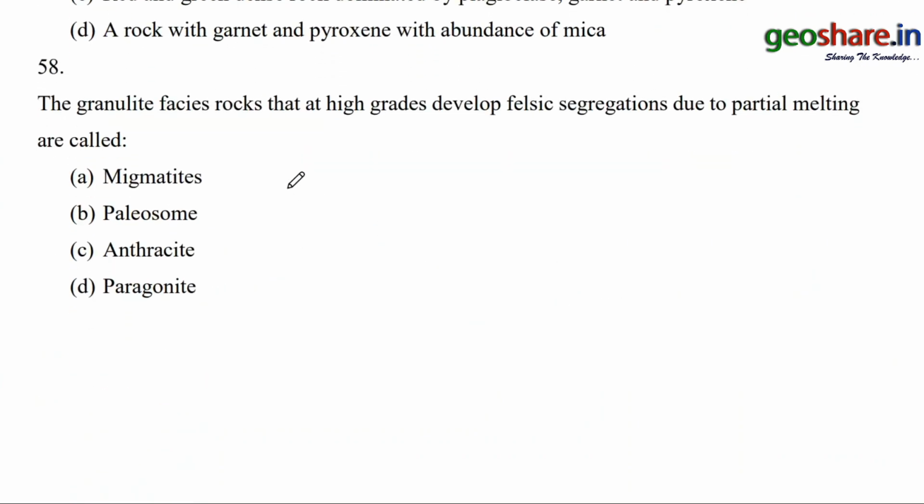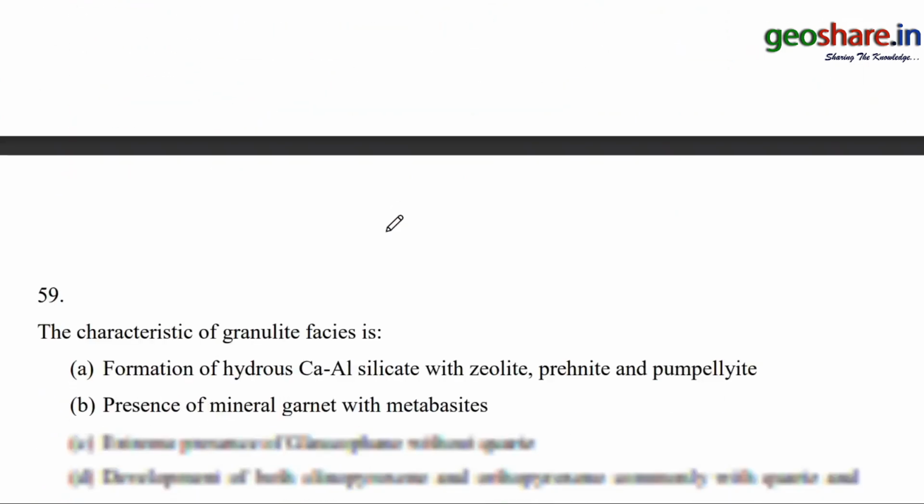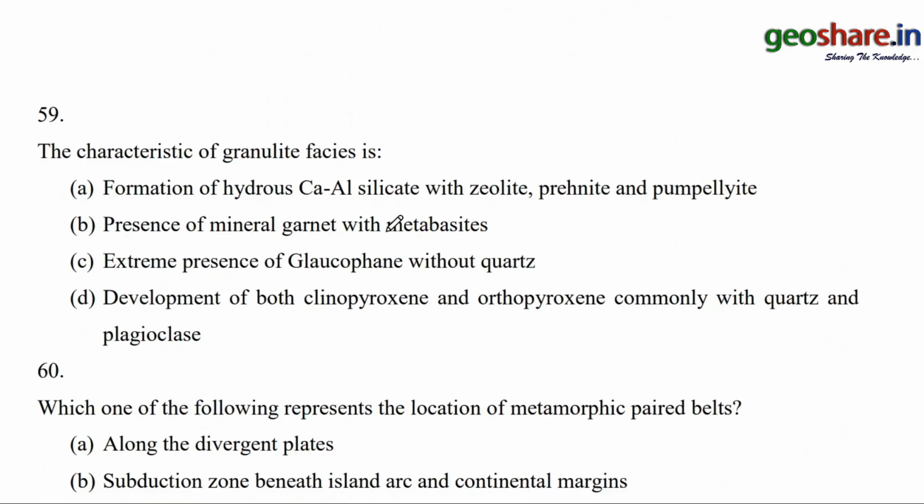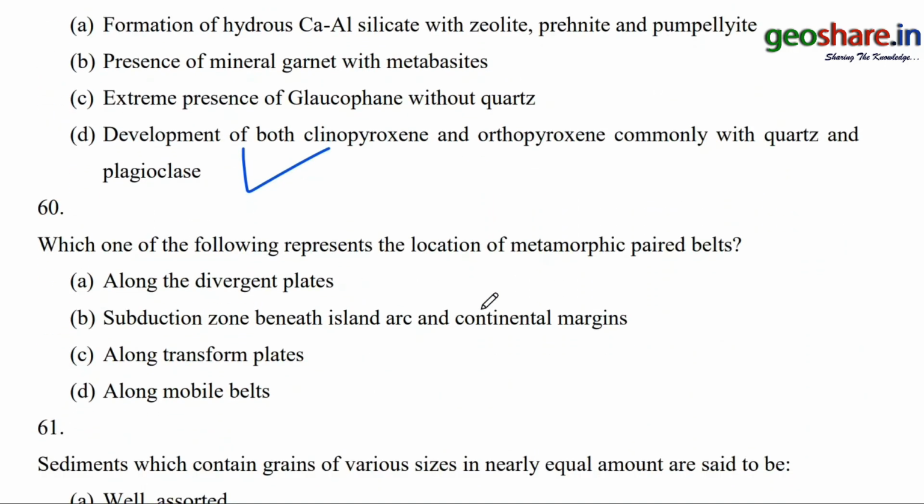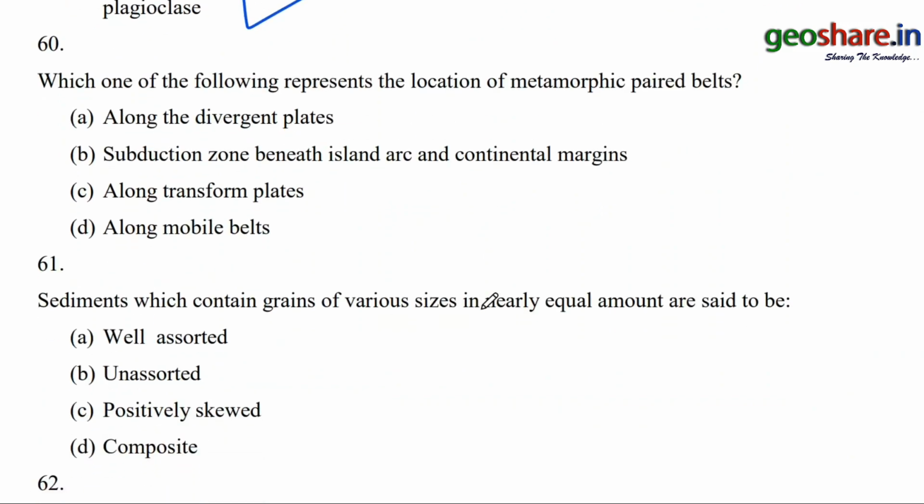The granulite facies rocks that at high grades develop felsic segregation due to partial melting are called migmatite. The characteristic of granulite facies is development of both clinopyroxene and orthopyroxene commonly with quartz and plagioclase.